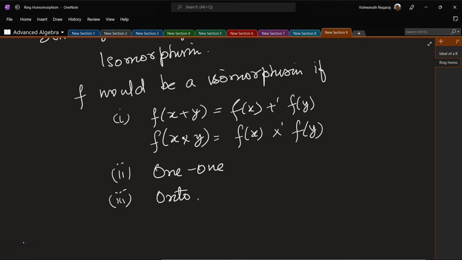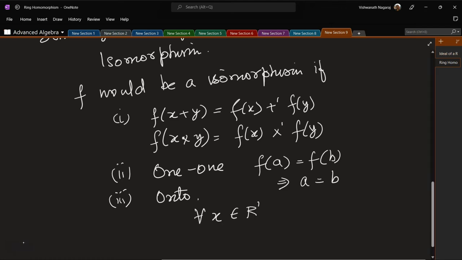So 1 to 1 basically means that if you have f of A is equal to f of B, implies that A is equal to B. F of A and f of B are in R prime, and A and B are in R. And in case of onto, for all x belonging to R prime, there has to be an element y belonging to R such that f of y is equal to x.